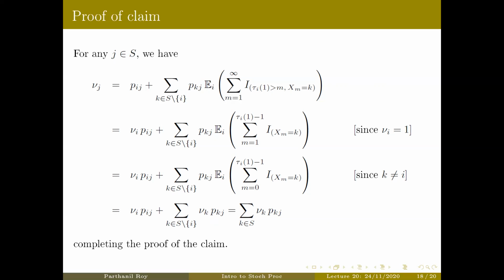Penultimate step analysis and the Markov property are the two main steps that we used in the proof. The rest was just going through the calculation. It's a bit long, but it's just the usual calculation. We have done such calculations many times, so it should be easy for us. Okay, so this proves that ν is indeed an invariant measure when i is recurrent.